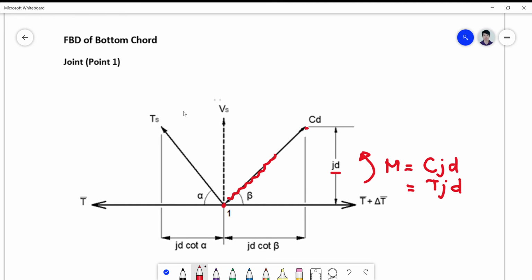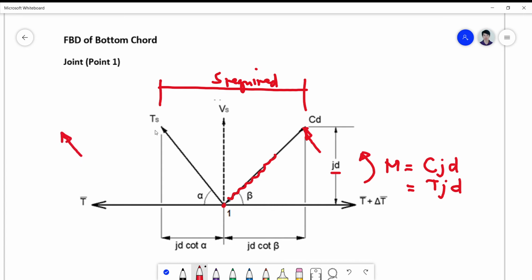So the distance from this point to this point is actually the spacing required for your stirrups. Because the next stirrup here will be inclined here, so this will be your TS, and the other stirrup will be placed somewhere here.